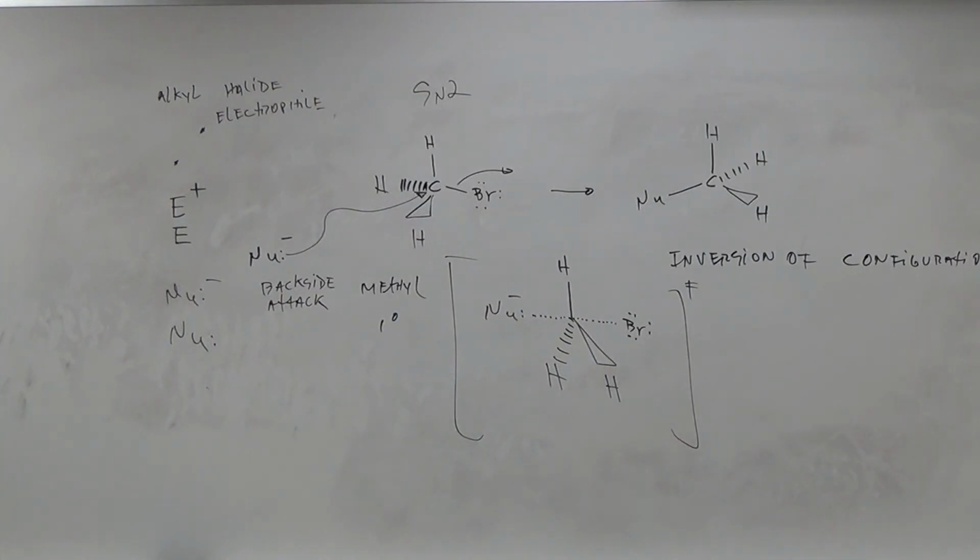The solvents that will favor SN2 are called polar aprotic. And aprotic means what? It does not have a proton. Polar aprotic solvents are like DMF and DMSO, probably HMPA.